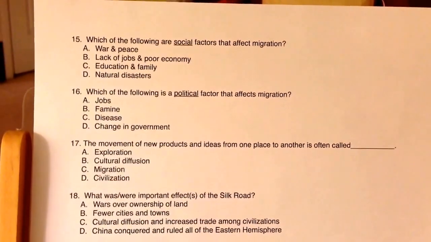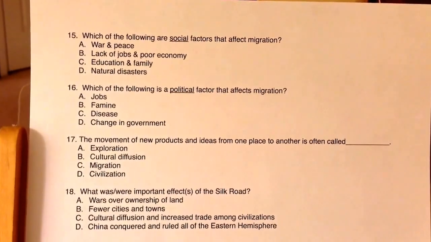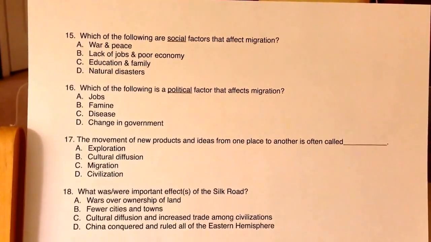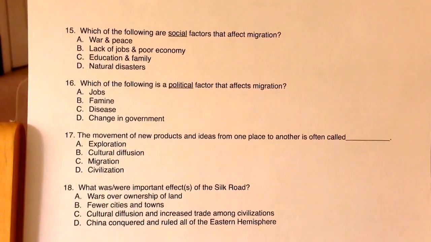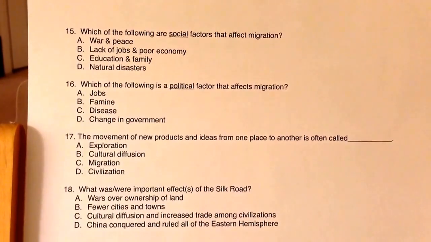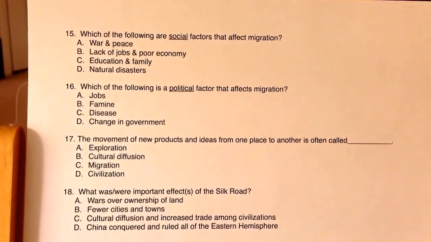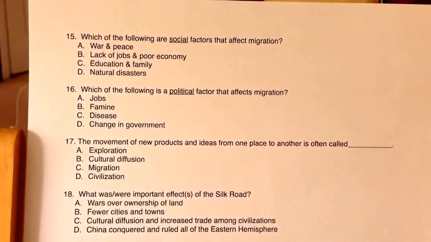Number 17. The movement of new products and ideas from one place to another is often called A, exploration, B, cultural diffusion, C, migration, or D, civilization. Number 18.